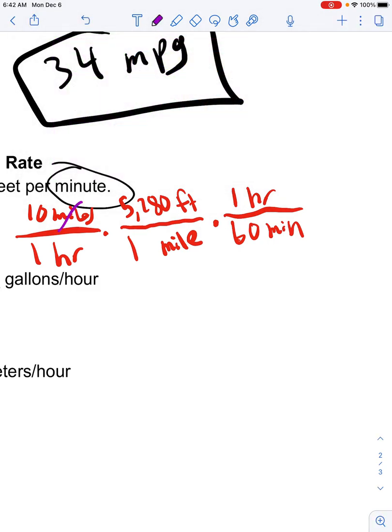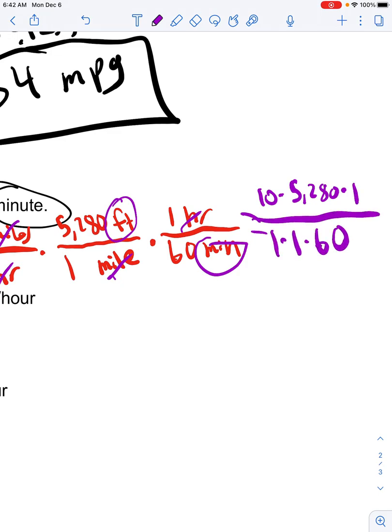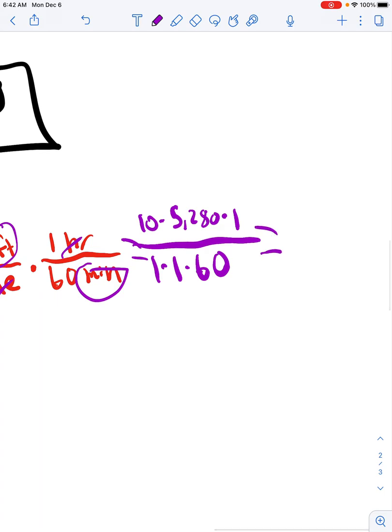So again, as I look at my units, miles cancel out, hours cancel out. I'm left with feet per minute. So this is going to equal 10 times 5,280 times 1, all over 1 times 60. Yes, you can use a calculator on these problems.